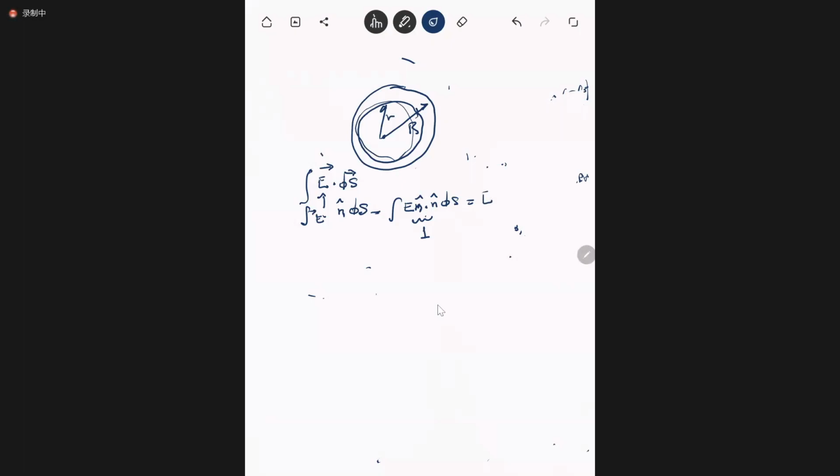So E can come outside, and now we have the area of a sphere. Can someone please tell me what is the area of a sphere? Yeah, that's the area of a sphere, 4 pi r squared. Actually, sorry, this is small r.